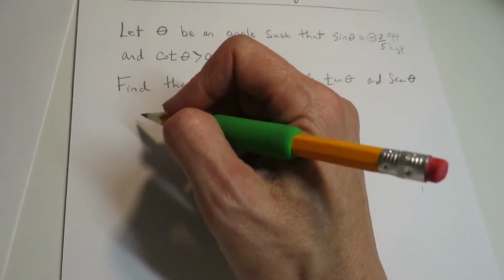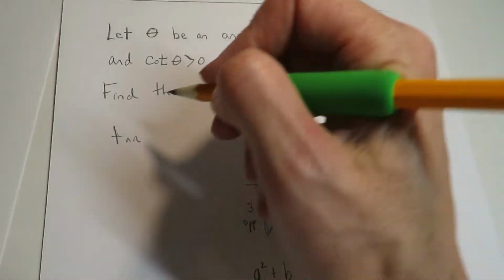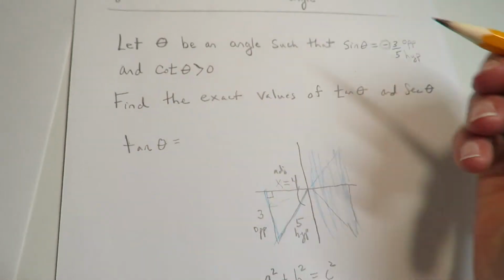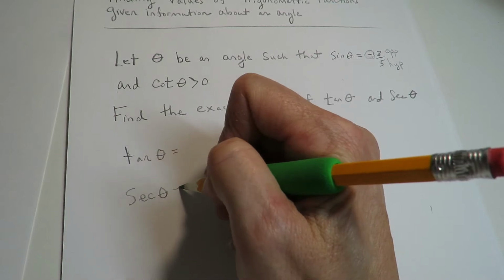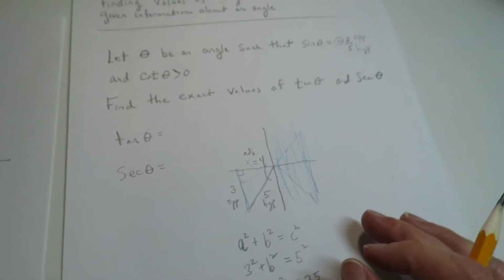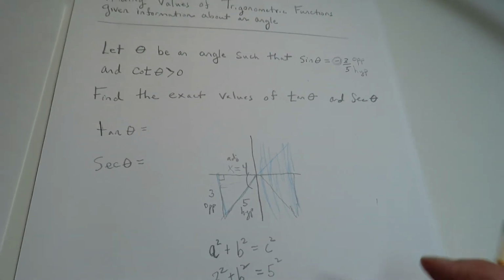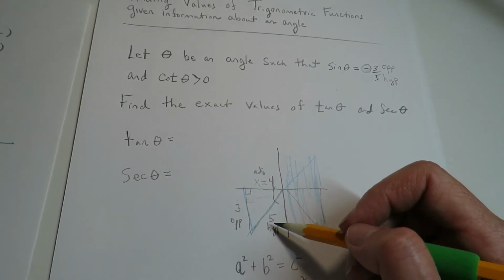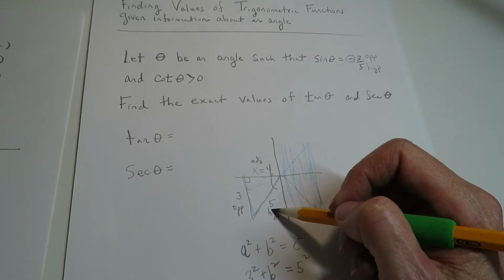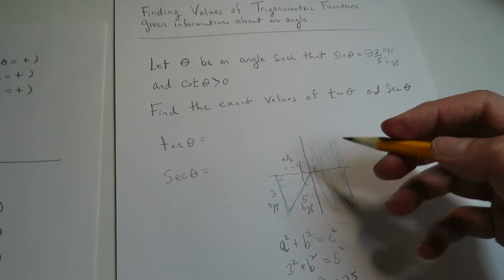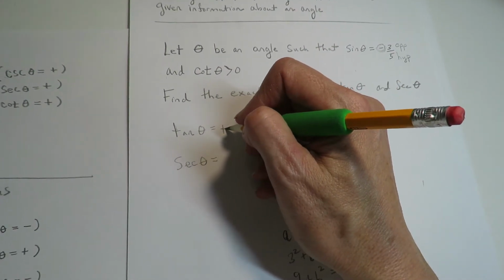So now they're going to ask us what is the tangent of theta and what is the secant of theta. I would suggest the first thing you do is figure out the plus or minus. You're in quadrant 3. So is the tangent in quadrant 3 positive or negative? What do you think? Good. The tangent is positive in quadrant 3.